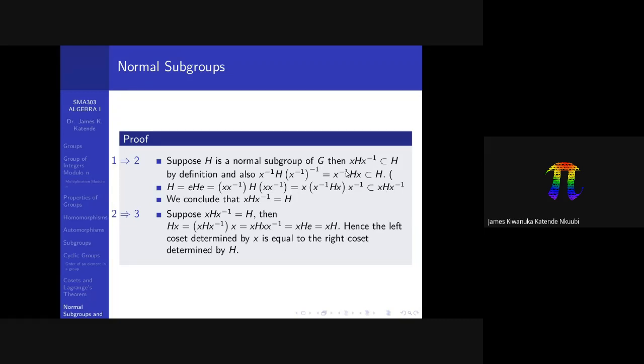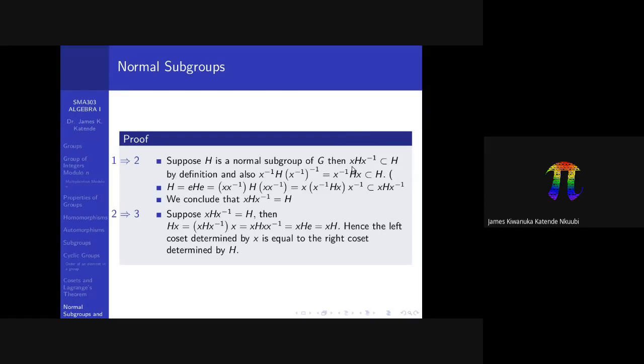But by definition of a normal subgroup, XHX inverse is a subset of H. So what does that mean? You have these two inclusions. It means that the two sets must be equal. If you want to prove that two sets are equal, you must show that each of them is contained in the other.